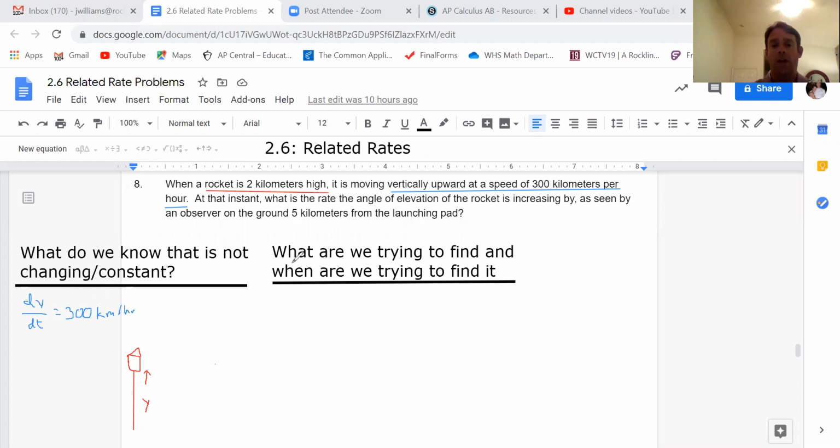What else we know? At that instant, what is the rate of the angle of elevation? Whoa, wait a second. Dealing with angles now? All right, well, so let's make an angle. Angle of elevation to my rocket. All right, so I'm going to call that theta.